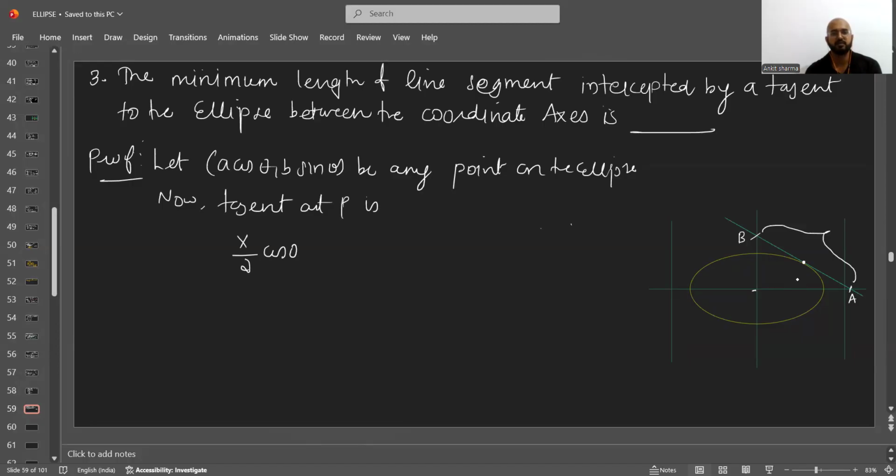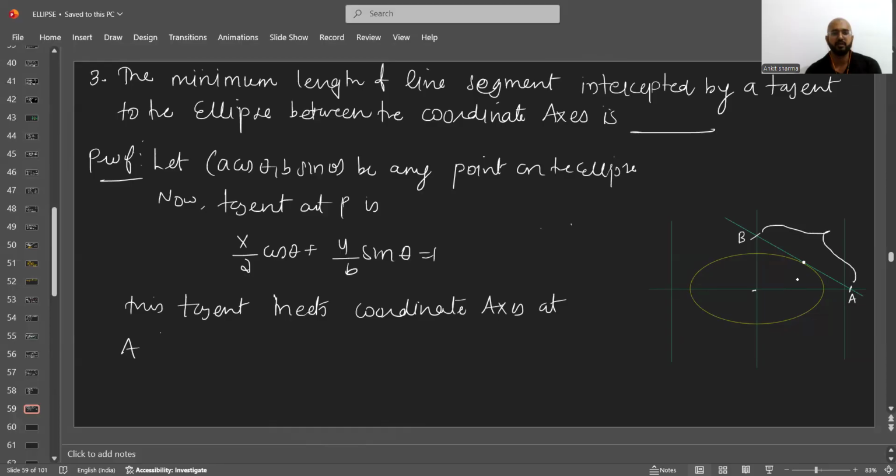So x by a cos theta plus y by b sin theta is equal to 1. Now, this tangent meets the coordinate axes. And A point we'll write down here, and B point we'll write down.